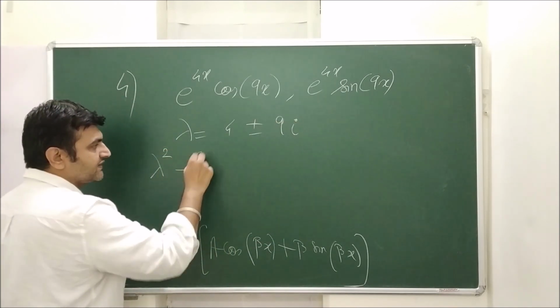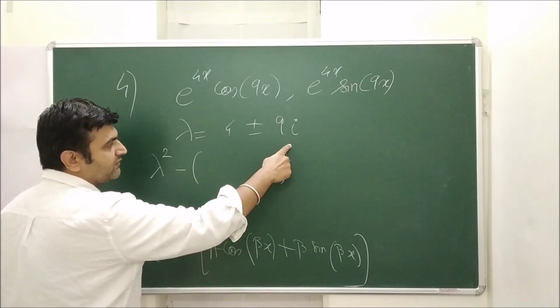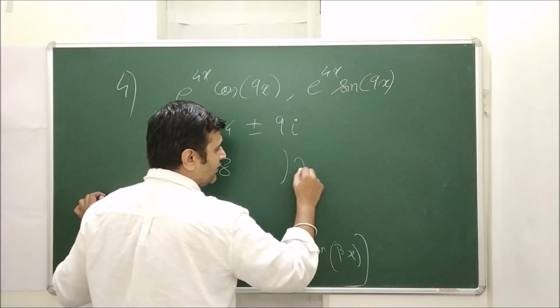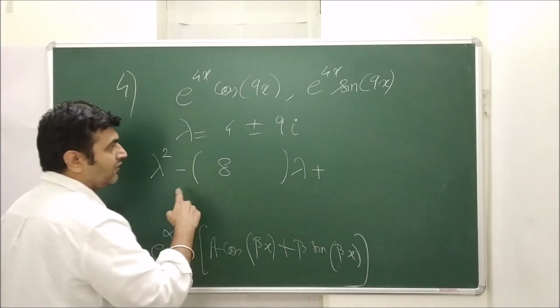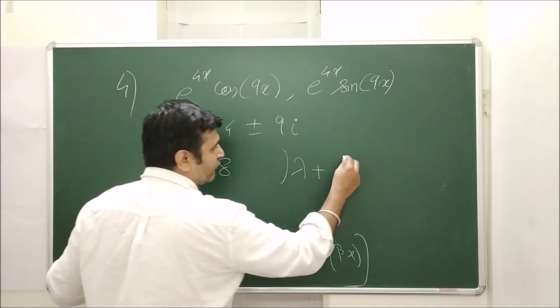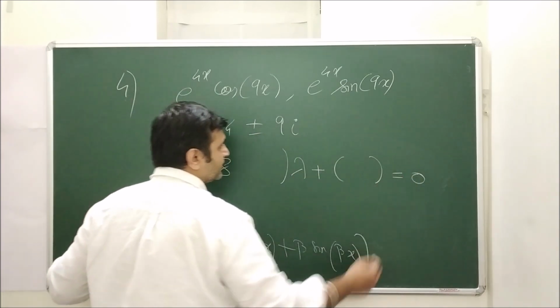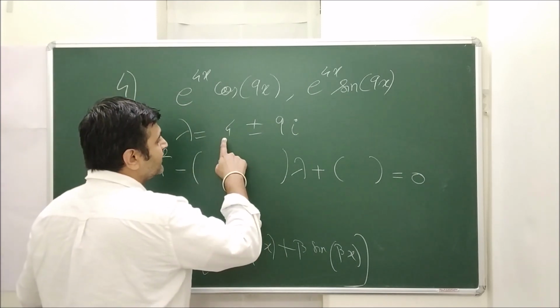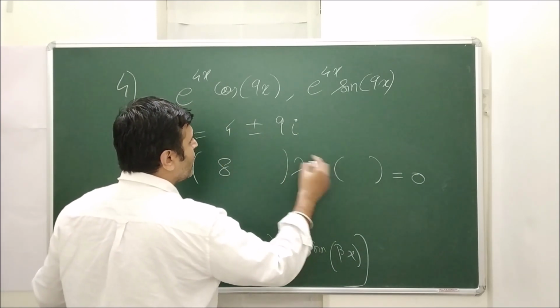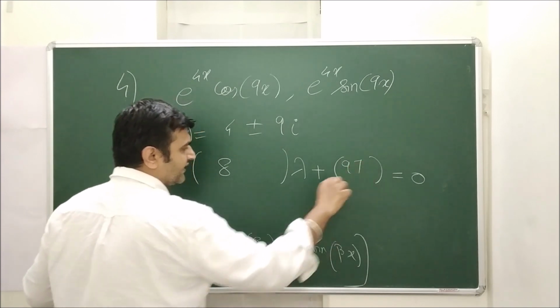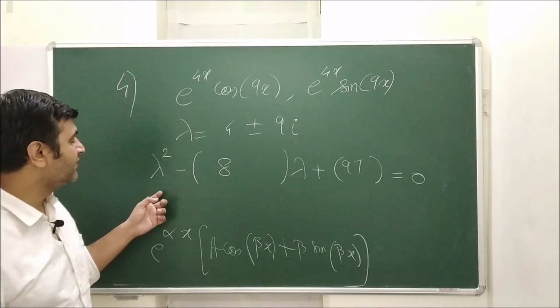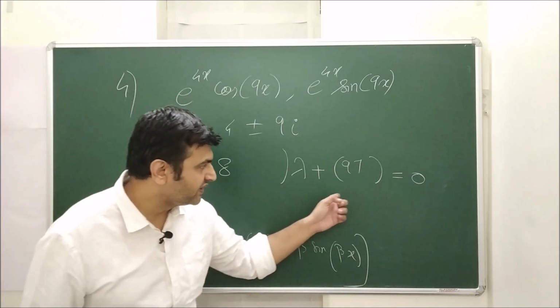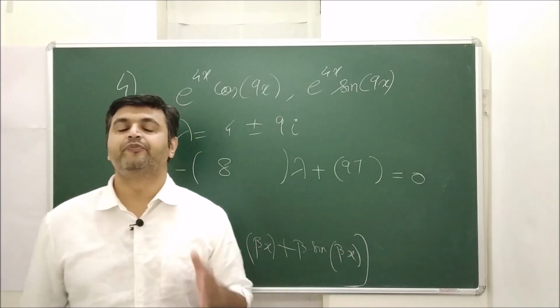Lambda square minus the sum of the roots, when you sum up the roots it is 8, plus the product of the roots. What is the product? Whatever you get, that is equal to 0. I think it is 16 plus 81. I think it's 97. So y double prime minus 8y prime plus 97y equal to 0.